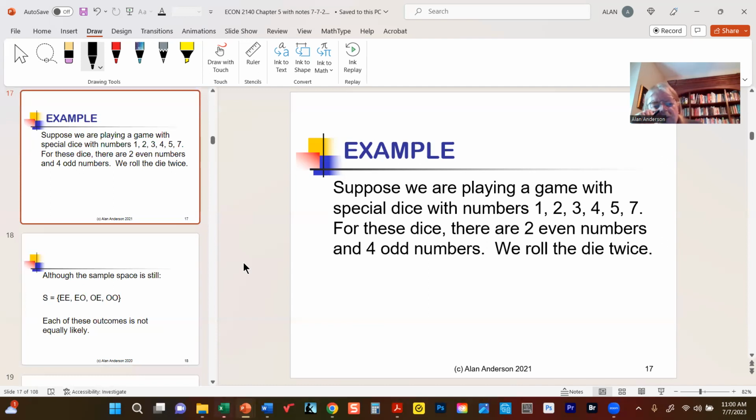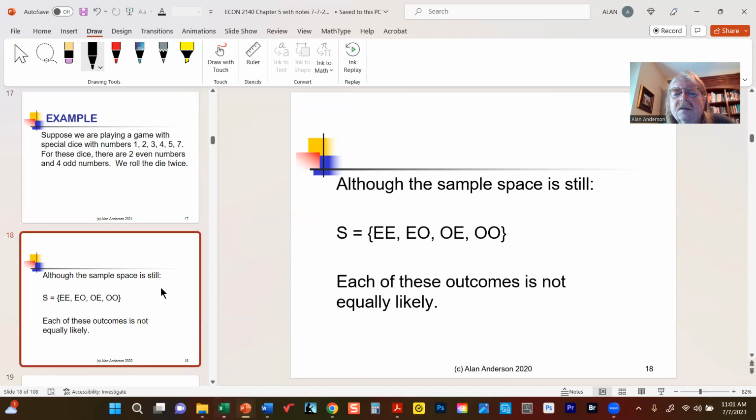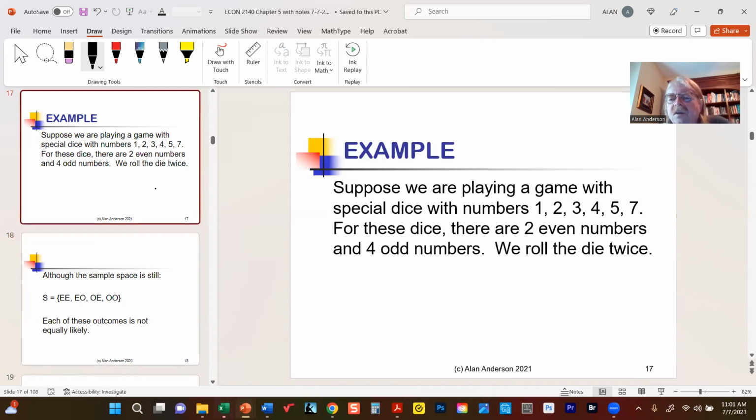If we roll these twice, we still only have 4 possible outcomes if we're focusing our attention on evens and odds. What's going to change, though, is that each of these outcomes is no longer equally likely to occur, because there's only 2 even numbers now and 4 odds. So odd is much more likely to turn up than even.